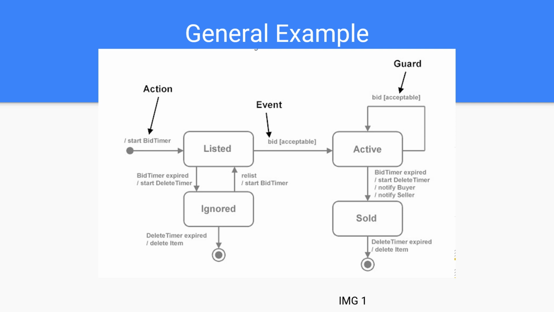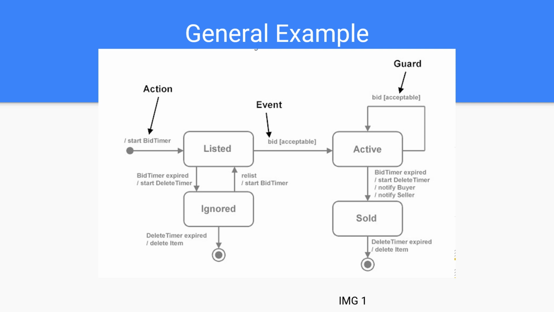We have here an example of an event when somebody bids. That's an event. We see here also the guard. That's just something like a Boolean, and it'll keep repeating until that Boolean is true. So we see here an example of it.